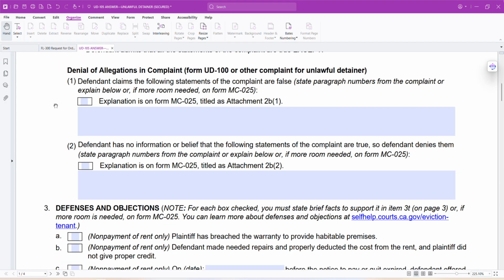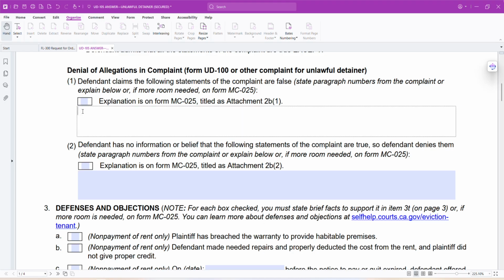When you mark box B, then you have more choices. So your first one here under number 1 is you need to go through the complaint, and then in this space, or at least starting in this space, you need to identify everything in the complaint that is untrue or false.